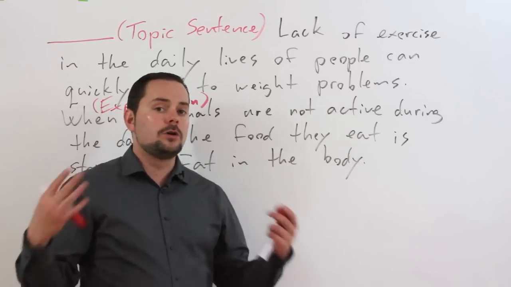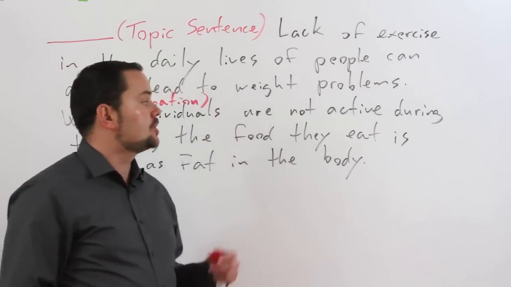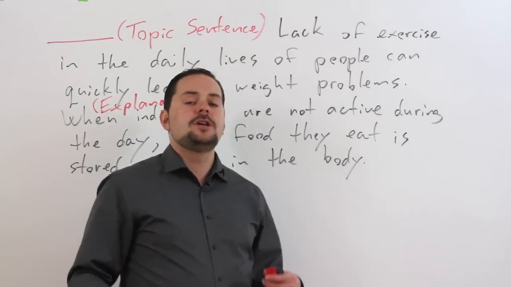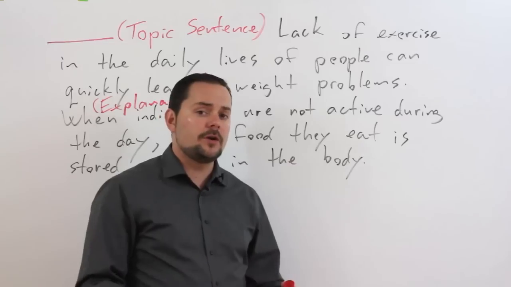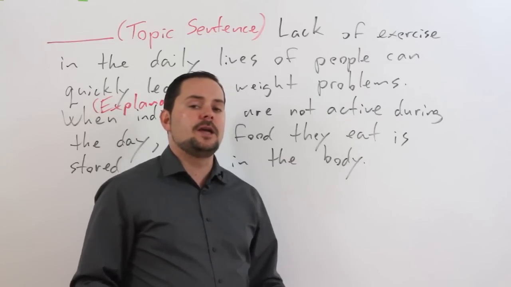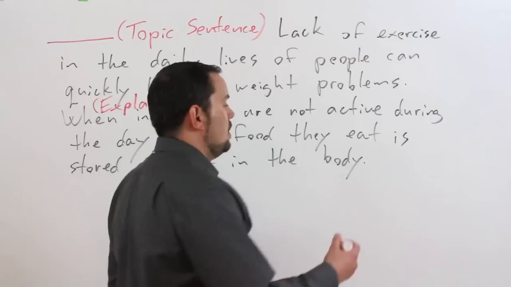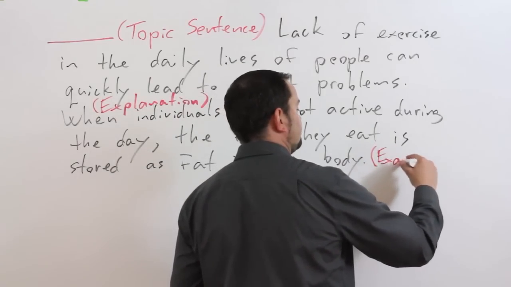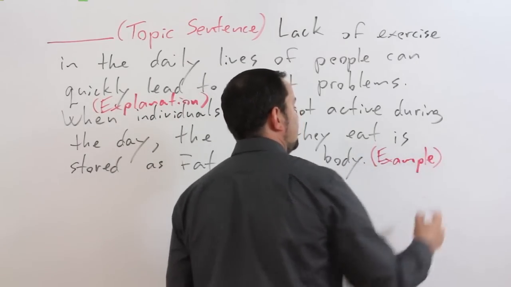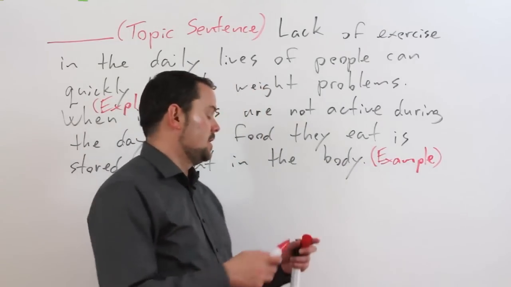So our world is understood by seeing mostly. So you really want to give some specific example to support your explanation and to make it just very, very clear for the reader what you're talking about exactly. So following the explanation is an example. And again, keep in mind that the example should be as visual as possible.